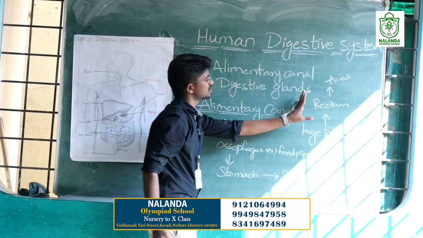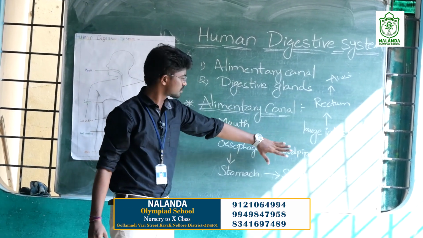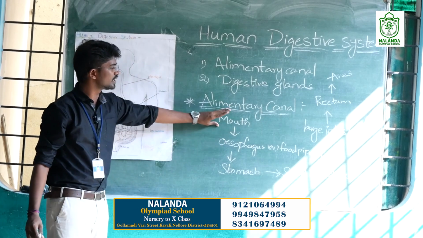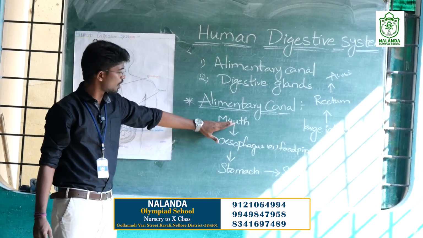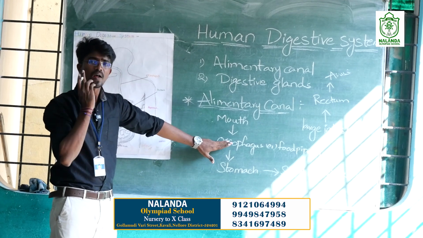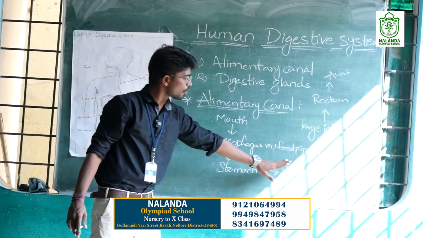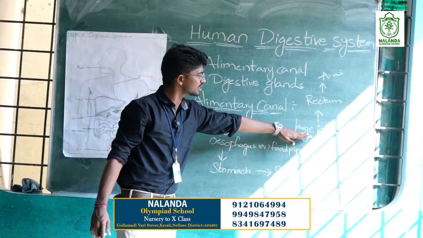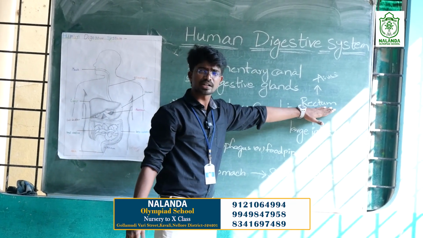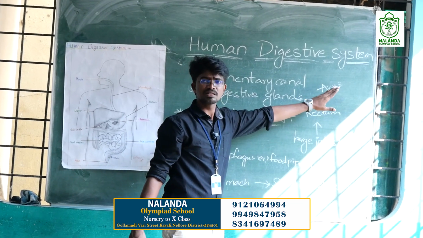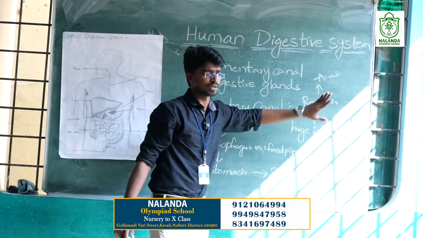So children, this is the flowchart of our human digestive system. First the food enters through the mouth, and then it goes through the esophagus, and then it enters the stomach, small intestine, large intestine, and then it goes to the rectum, and through the anus it will be removed from our body.